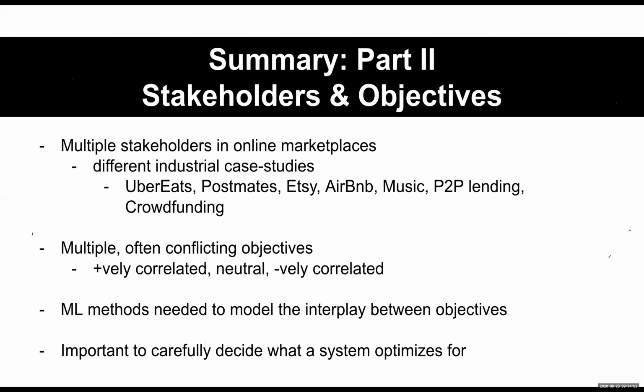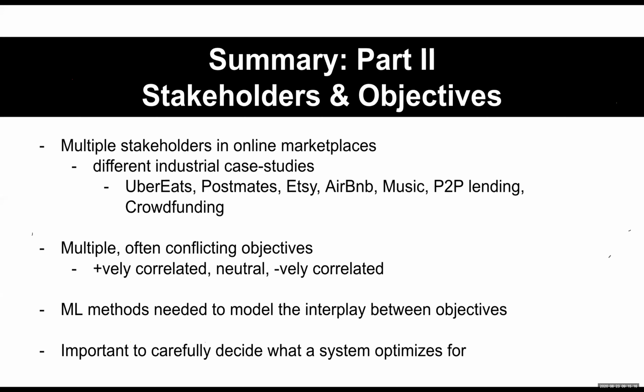That analysis got us started thinking that some of these objectives are helping, some are hurting, some are neutral. So now we have a sense of what we are dealing with when we go into the method section. We need ML methods to model the interplay between objectives, and it's very important to carefully decide what a system optimizes for.